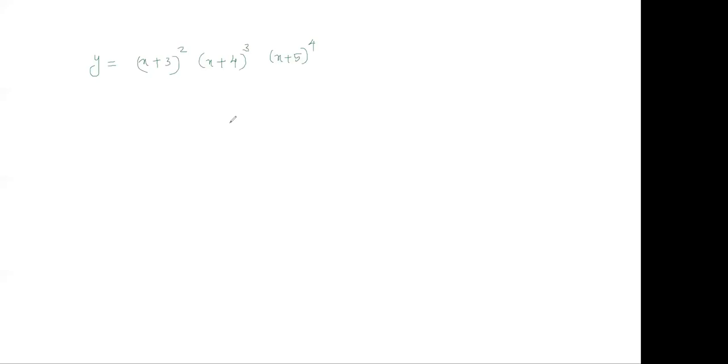So the simple technique is to take logarithm on both sides. You can expand, that is one method, or you can use the product rule, that is another method. But these two methods are not good in this particular case, because if we expand, first we expand (x plus 3) the whole square, then (x plus 4) the whole cube, then (x plus 5) the whole to the power 4, then multiply all the terms to get a big sum and then find the derivative.